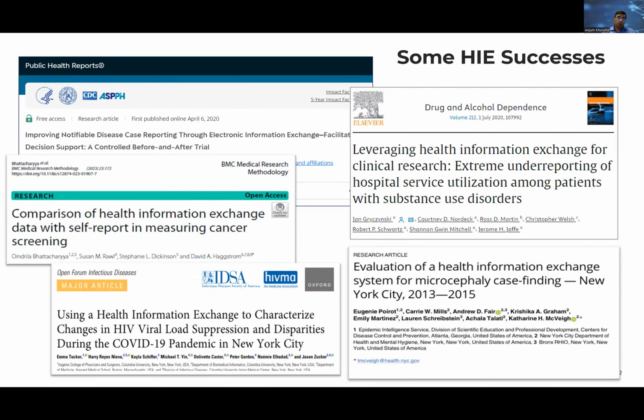And although HIEs actually do not appear as much in the published literature as they should, I think it's partly because, as I mentioned, their focus has mostly been on care coordination as the primary use case. And also because they do not necessarily advertise their services for commercial purposes. So the incentives are low there.